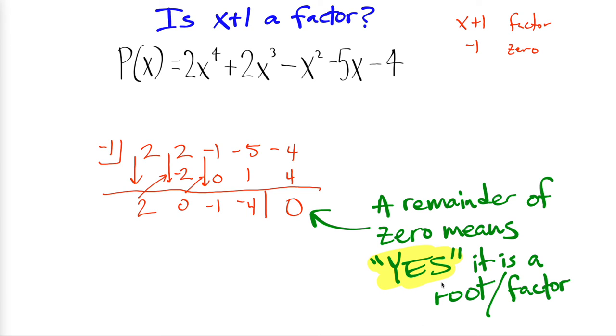If you get a remainder of 0, the answer to that question is yes. If you get a remainder other than 0, the answer is no. That's all we're going to do for those. So these questions are generally pretty nice because they're exactly what you did in 6.3. You're just doing synthetic division. And all you're going to do is look to see what the answer is.